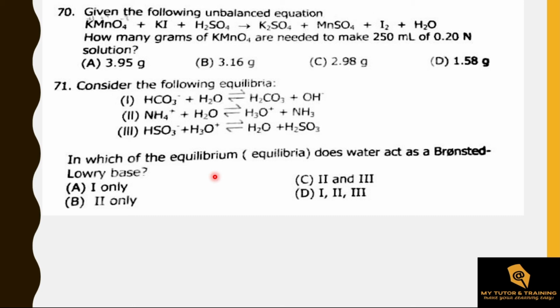ሶስተኛው ላይ ምን አደረገ? ውሃ ሰጠ ለሪቨርስ ሪአክሽኑ ውሃ ሰጠ። ከሰጠ አሲድ ነው ቤዝ ነው? According to Bronsted-Lowry definition, acids are proton donors, bases are proton acceptors. ስለዚህ 71ኛው ጥያቄ መልሳችን ማን ነው የሚሆነው?